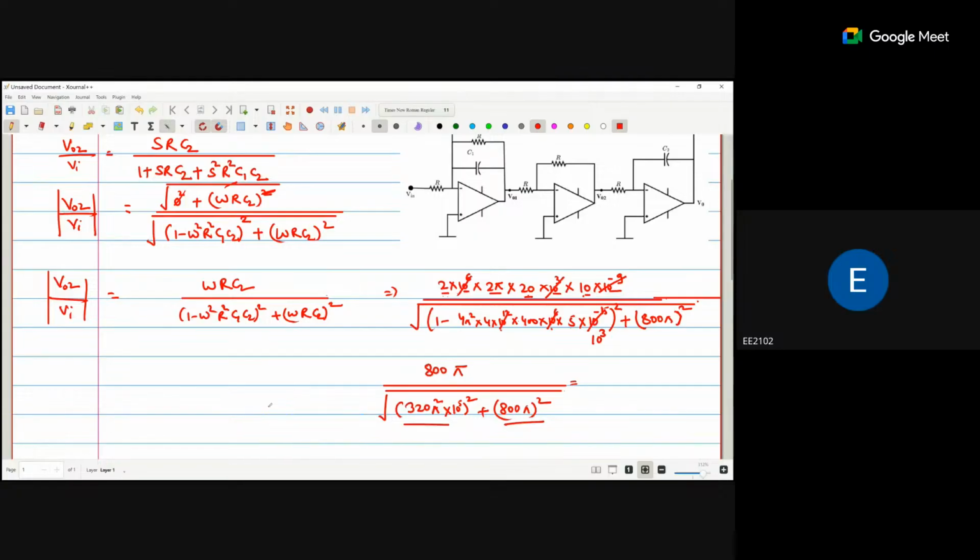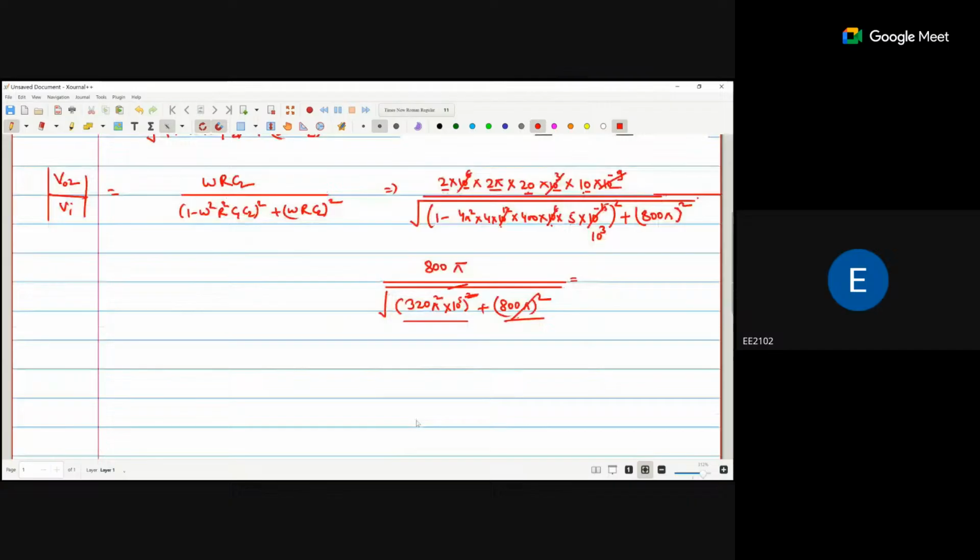Now this term is very small compared to this one, so I can basically neglect this term. The square and square root will be cancelled out. So it is 800 pi divided by 320 pi square into 10 raised to power 5.